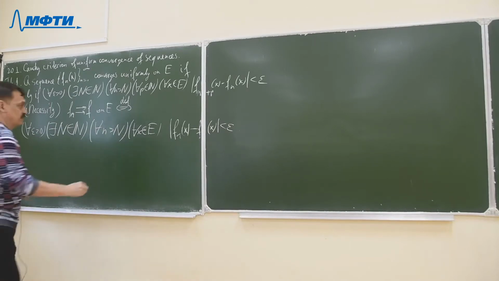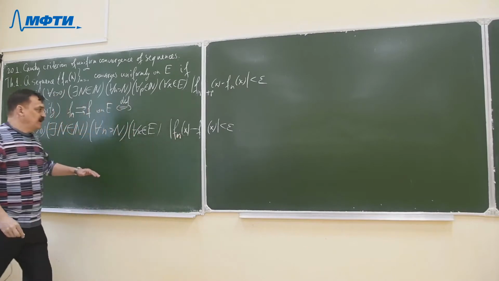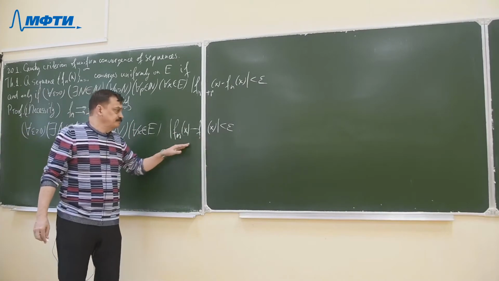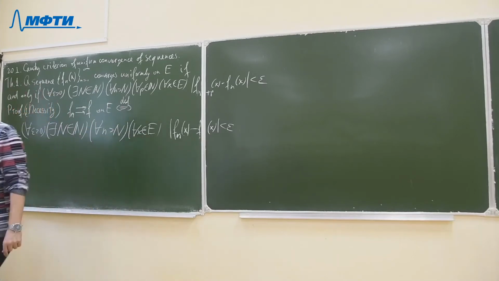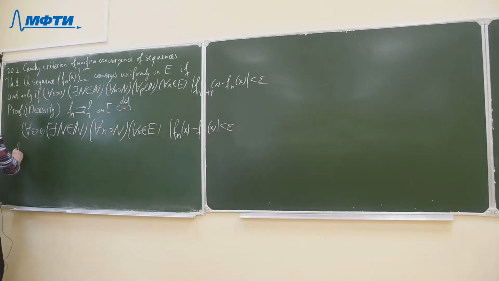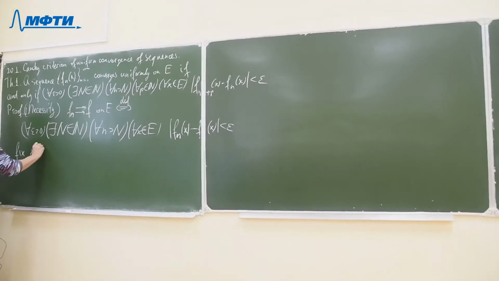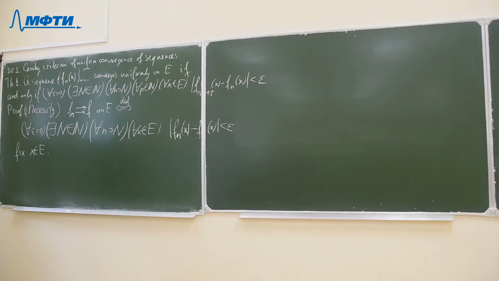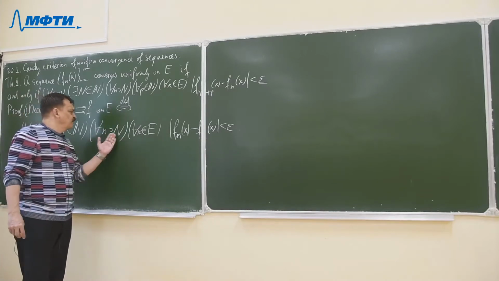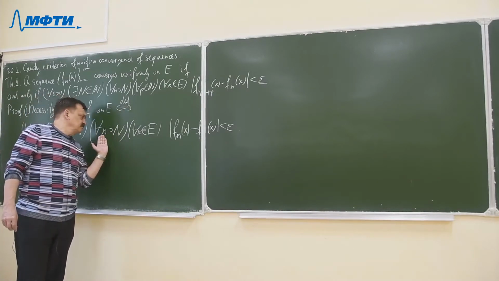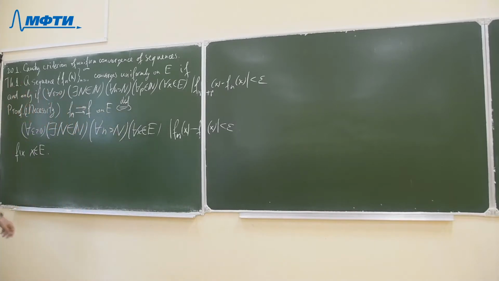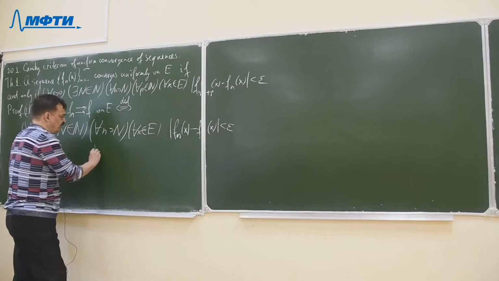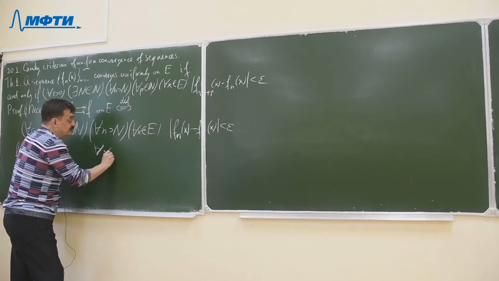Now, look, what is written here? We have the inequality for arbitrary x in E. So what do we do? Fix x in E. And this is valid for arbitrary little n greater than capital N. So in particular, it is valid for arbitrary natural p.